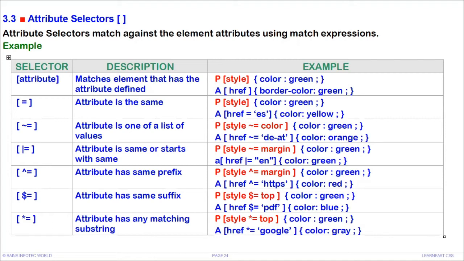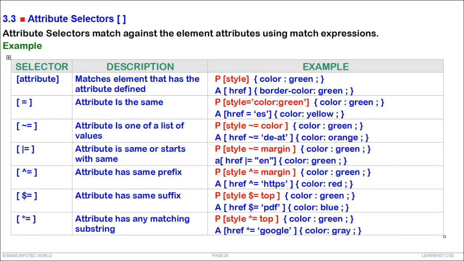We can also say we could also give it a value. For example, we can specify a value that the style attribute must be equivalent to.